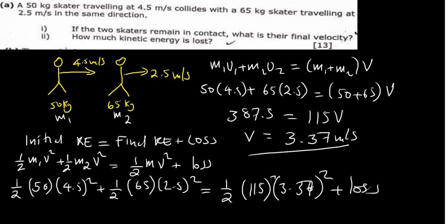That is going to give us 709.375, and this should be equal to, on the other side, half multiplied by 115 and then multiplied by 3.37 squared. That will give us 653.02 plus the loss.